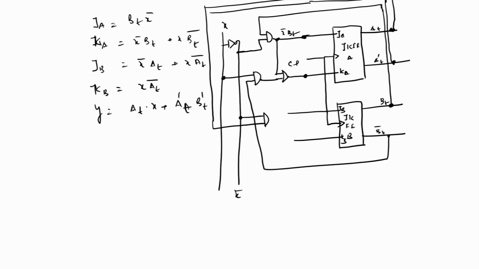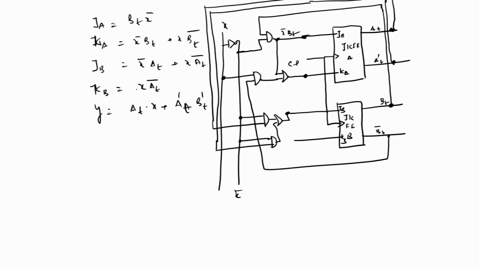AT complement is taken from here and X is taken from here, and then combine both by using an AND gate, then apply an OR operation, and that is JB.